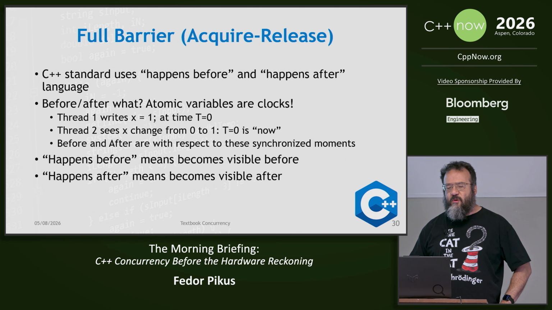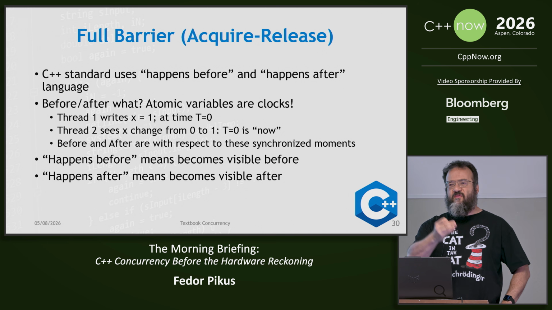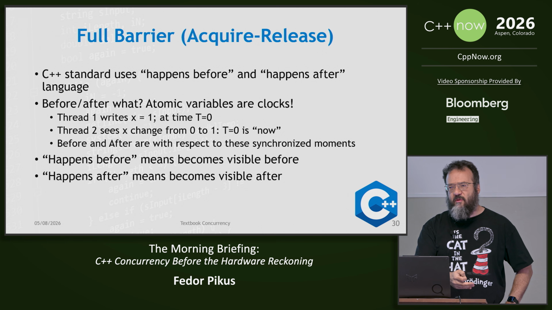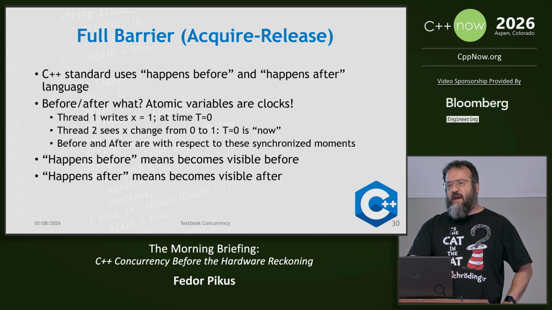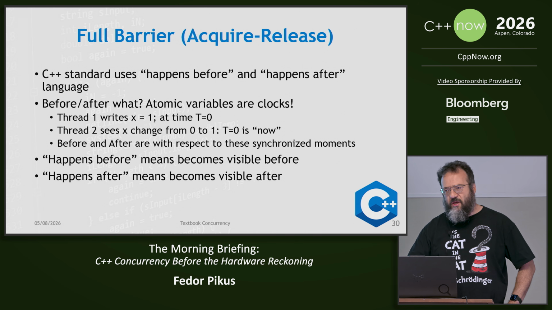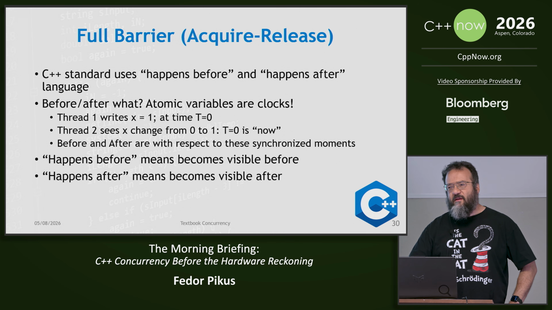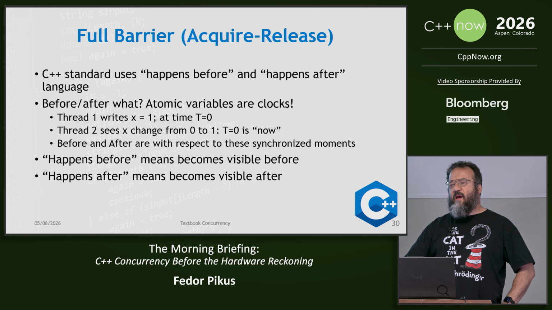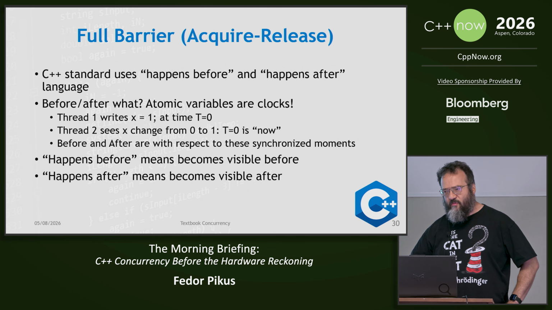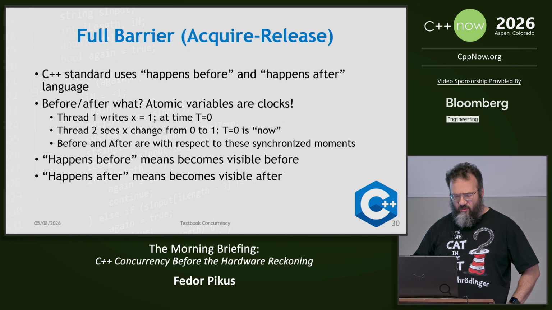When you see a change in an atomic variable, you can say, okay, if on thread 1 something happened before I changed my atomic variable, and thread 2 saw me change that atomic variable, now I can say what happens after I change that atomic variable. That's basically how this machinery works.